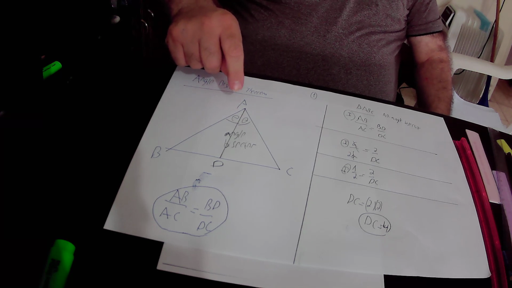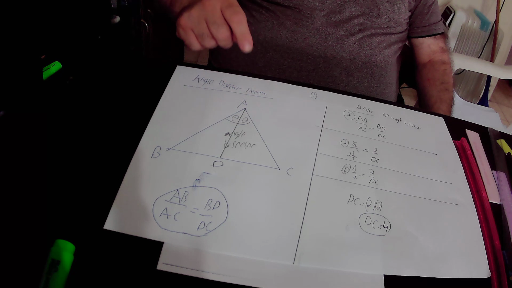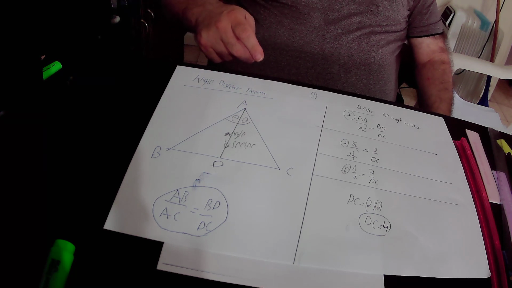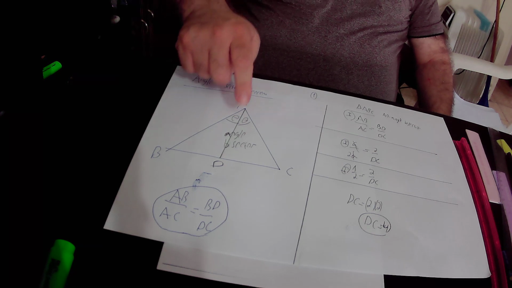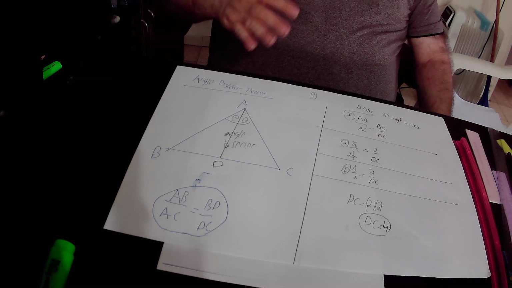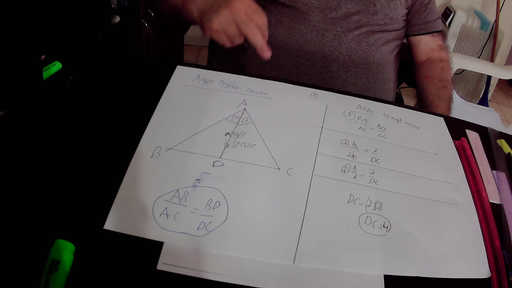Because it divides angle BAC into 2 halves, each half equal to theta. Only because we have the angle bisector AD, we can implement the angle bisector theorem. Otherwise, we cannot.